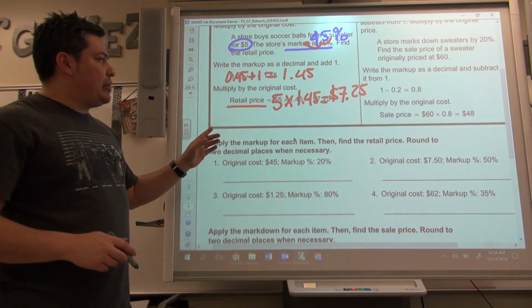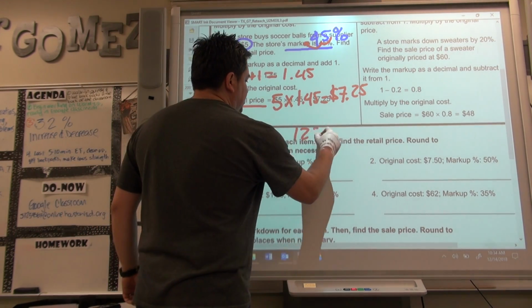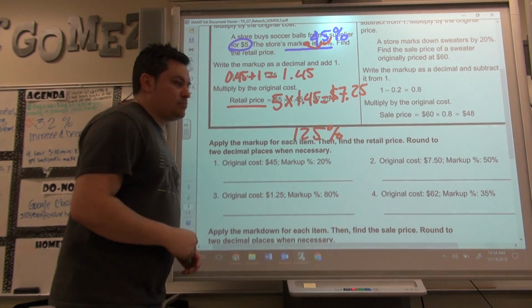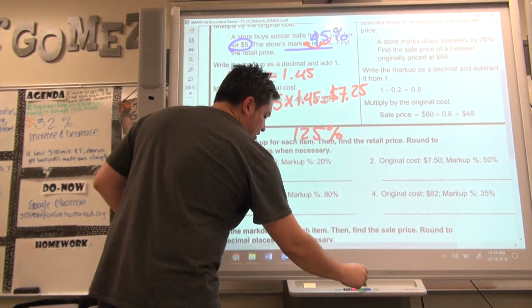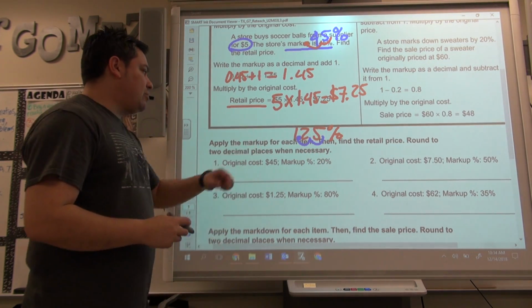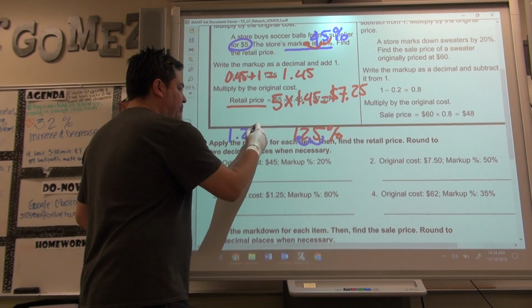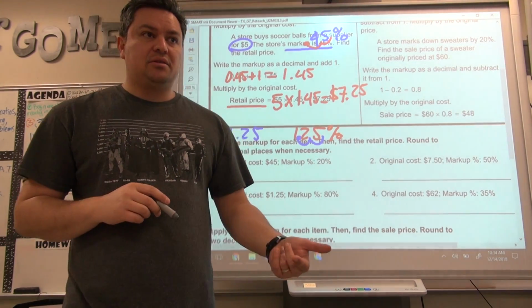There's gonna be scenarios where, let's say it's 125%. Whenever you convert that to decimal, you move it twice to the left, right? So your amount is gonna be 1.25. You still add 1 to that.